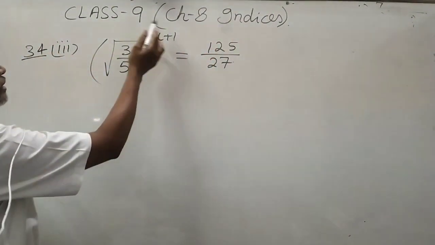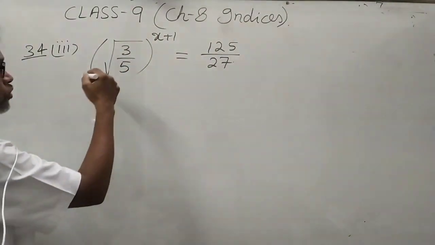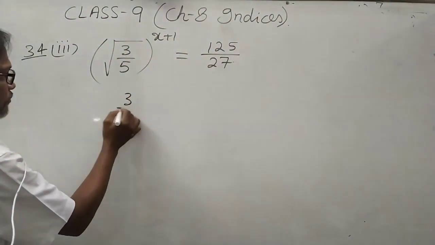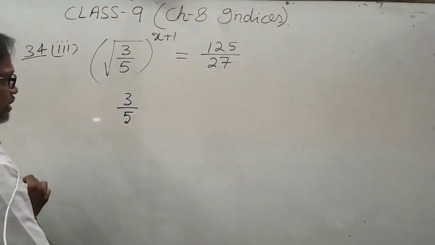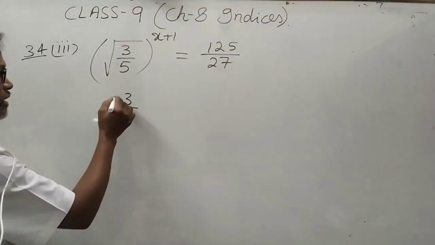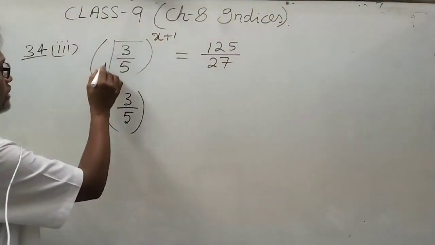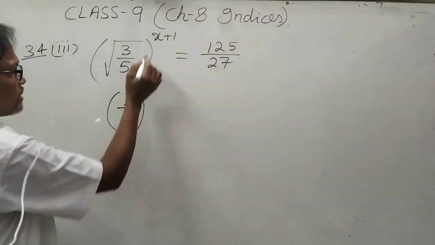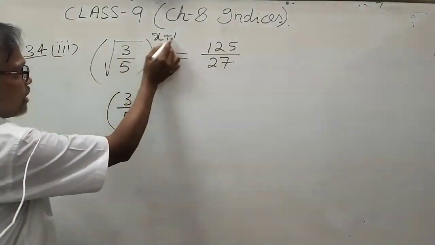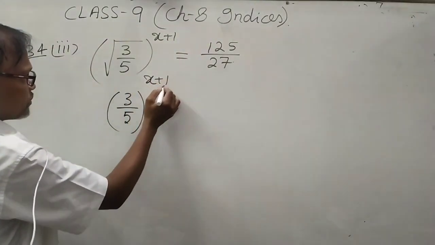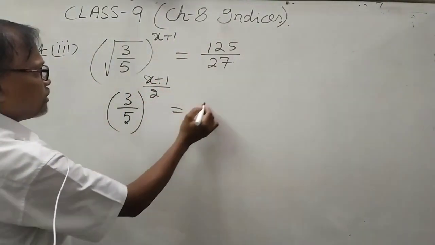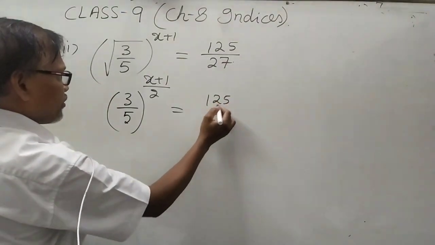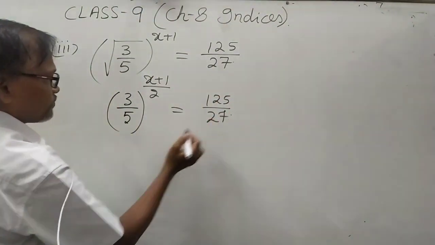How to solve this question? You can write the under root as power 1 by 2. If you multiply here, you will get (3/5) to the power (x plus 1) by 2 is equal to 125 by 27.